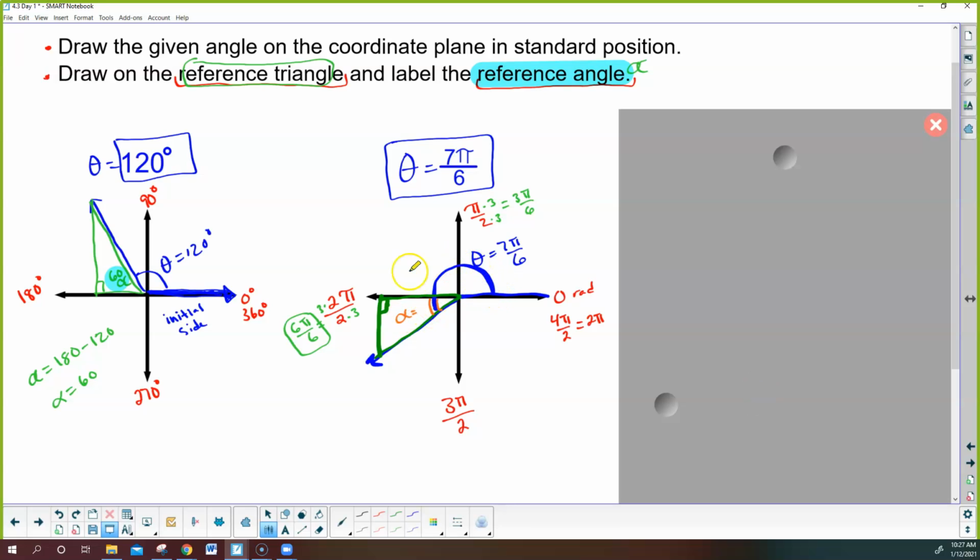Well, if I went to 180, that was 6 pi over 6. How many pi over 6 past 6 pi over 6 did I go to get this? Well, I went 1 pi over 6 past it. So there's my reference angle is pi over 6, which we know pi divided by 6 is 30. So this is like a 30-degree angle.